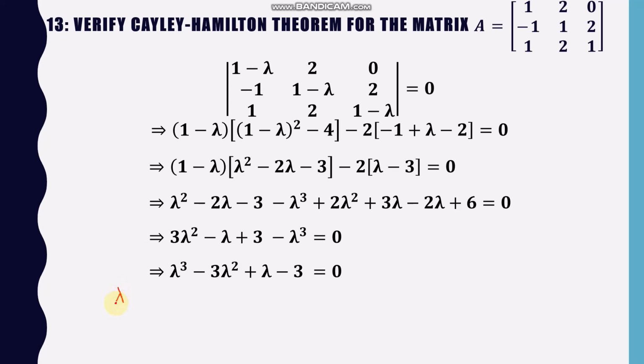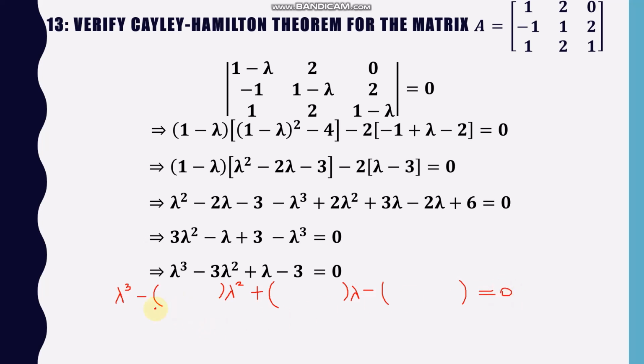The shortcut way to find the characteristic equation is: write down lambda cube, then put minus, then write down lambda square, and I'll tell you the coefficient here, then put plus, then write down lambda, and I'll tell you the coefficient of lambda, and then put minus, and I'll tell you the coefficient here, and put it equal to 0. So this is the shortcut way.